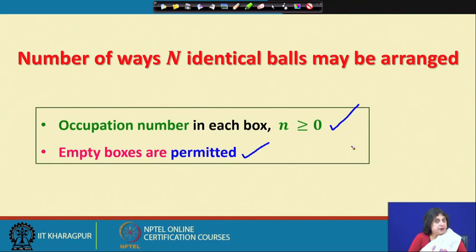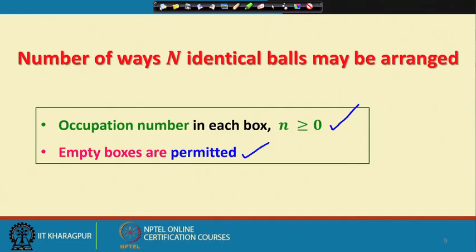That means if I have a given box, one of the subcompartments of the box may be empty, that is, the occupation number of that subcompartment may be equal to 0.